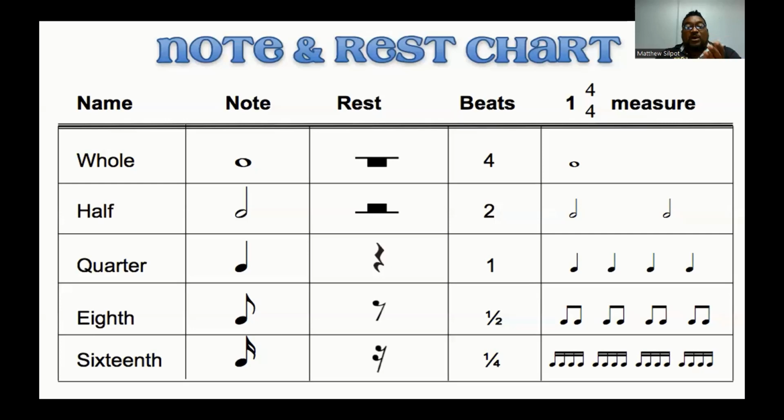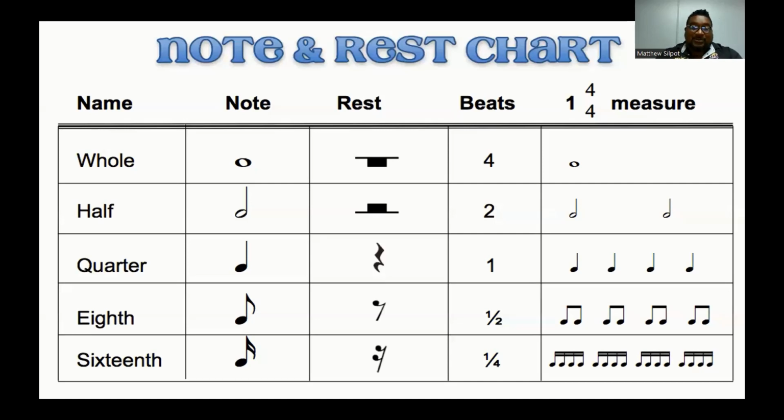So we go 1 and 2 and 3 and 4 and 1 and 2 and 3 and 4 and whole note. 1, 2, 3, half, 1, 2, 3, quarter, 1, 2, 3 and 8th, 1 and 2 and 3 and 4 and that's our 8th notes.